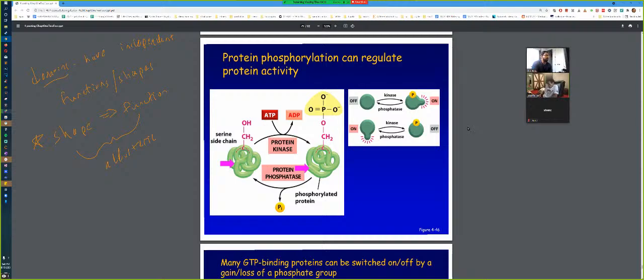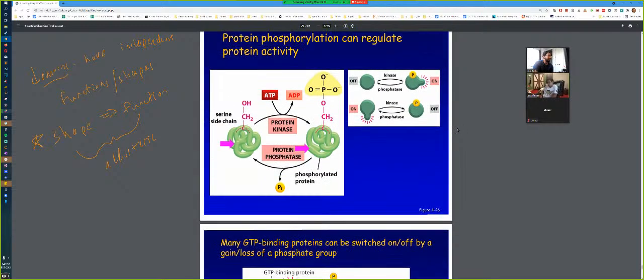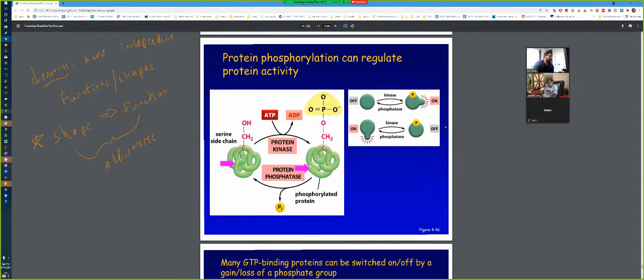Okay, so this is an example of something called phosphorylation. Essentially, a side chain of either serine, threonine, or tyrosine, they all have in common an OH group. And OH group, think nucleophilic.